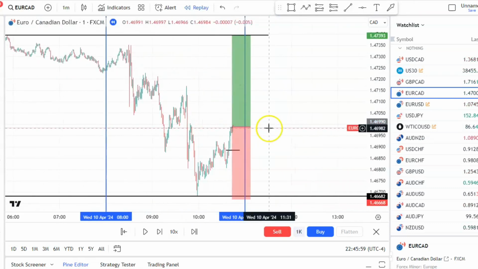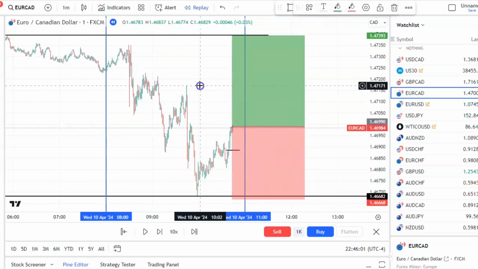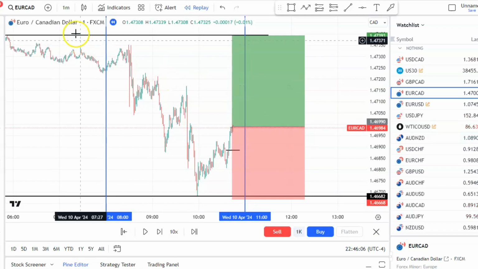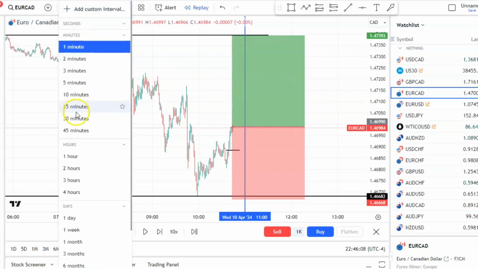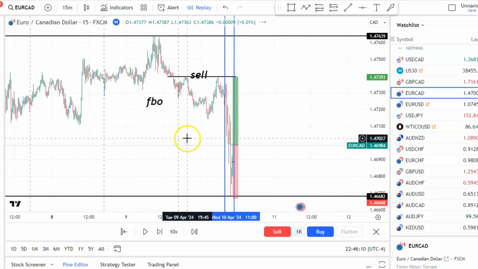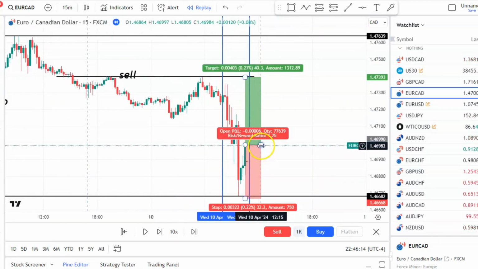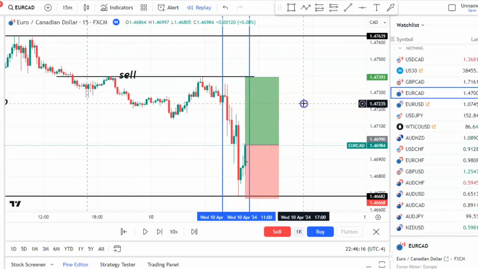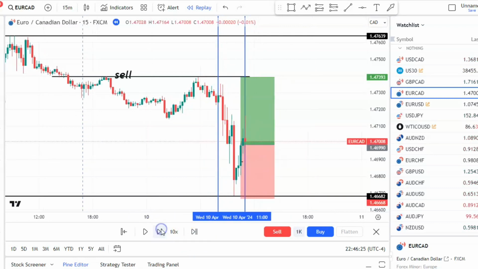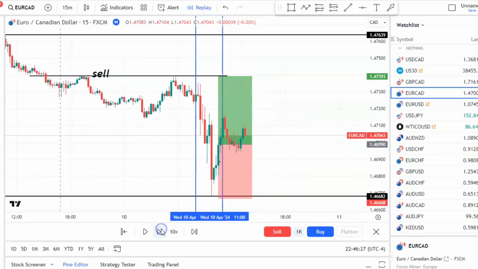We have our entry there, stops below this level, and we are targeting this high. This is the process you follow every single time you see this setup at the high or the low of the week. Up to there, you have a mechanical system that does not require any emotions or subjectivity. It's all based on price action. Once you get in, all you can do is observe the price action, because you really can't do anything.